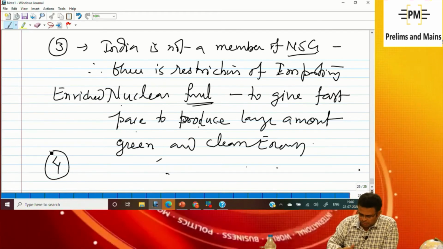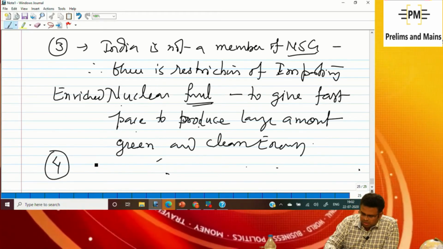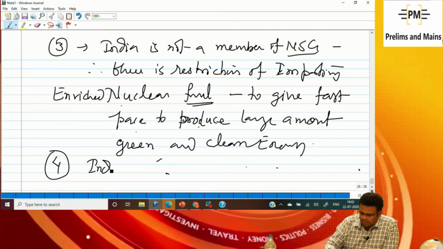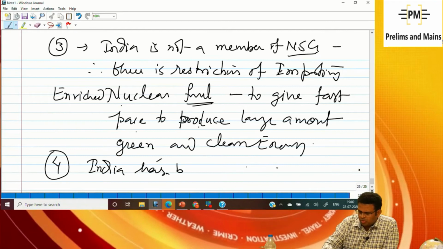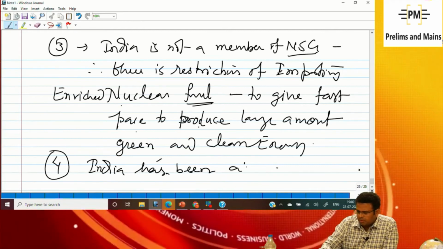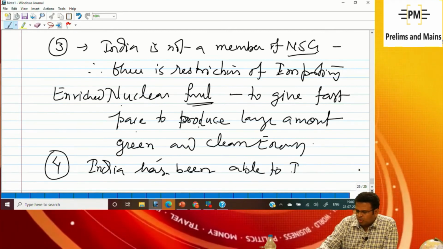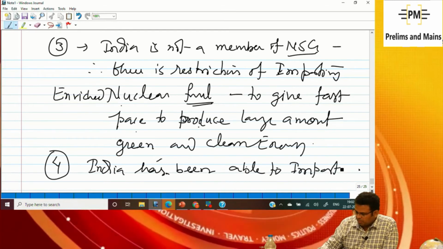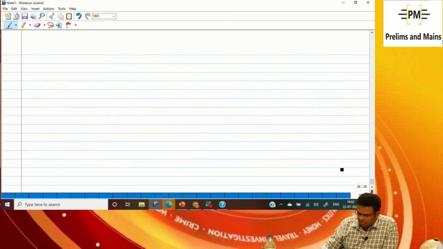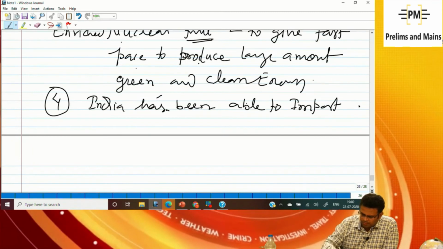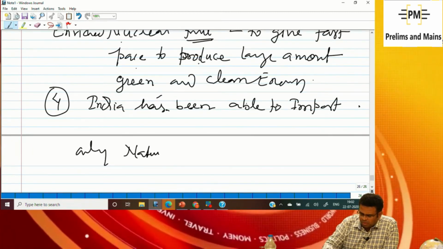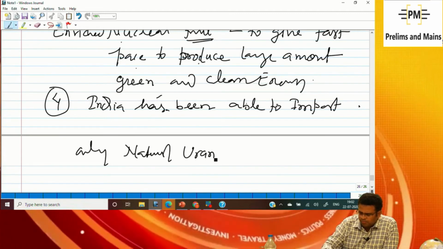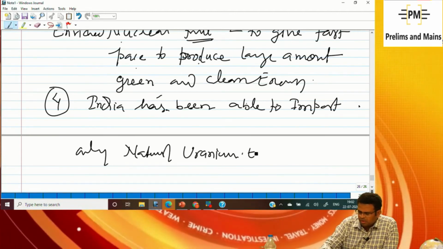Fourth point, India has been able to import only natural uranium earlier.